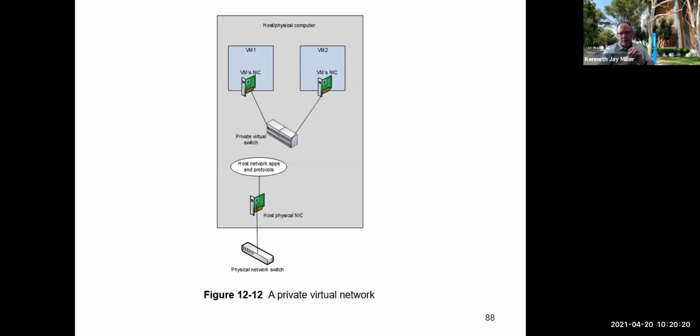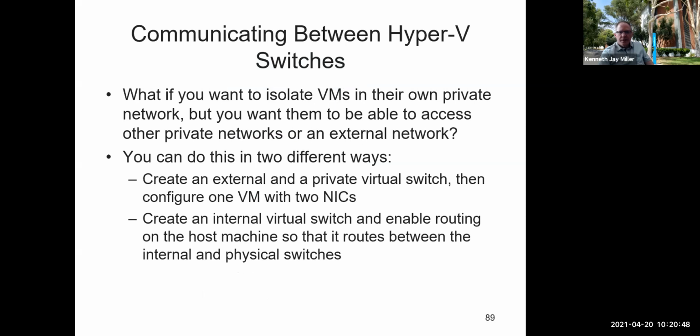So the only way we could configure these VMs is with the Hyper-V manager, because we couldn't remote into them because they have no outside access. All right. Any questions on the external, the internal, or the private switch? Again, we're going to use the external switch to get things going, and then we're going to use internal switches to isolate everything. All right.